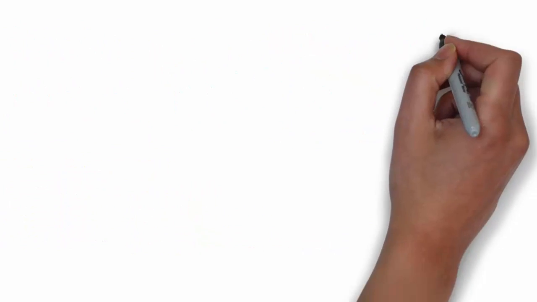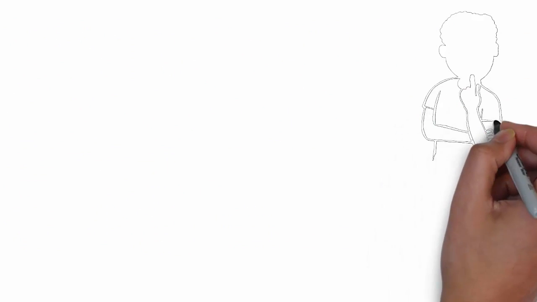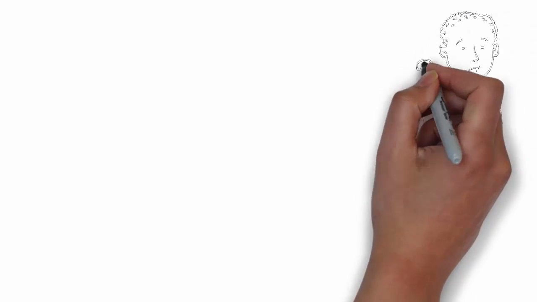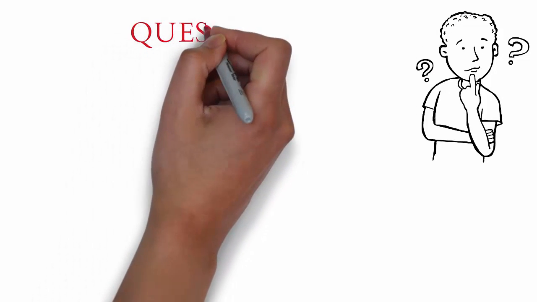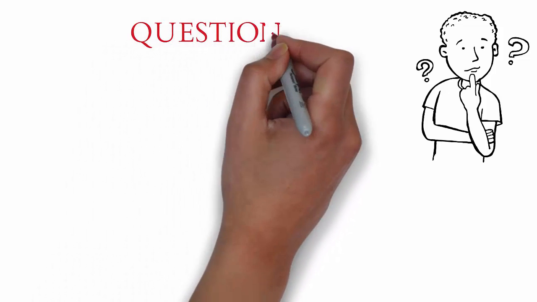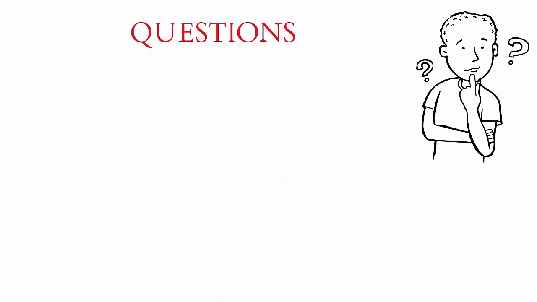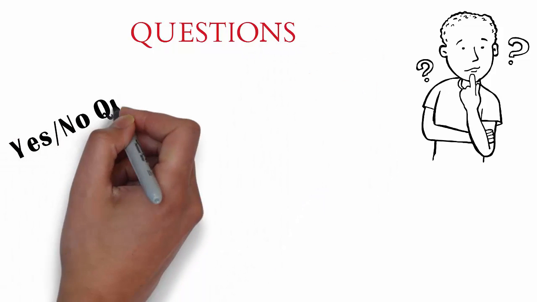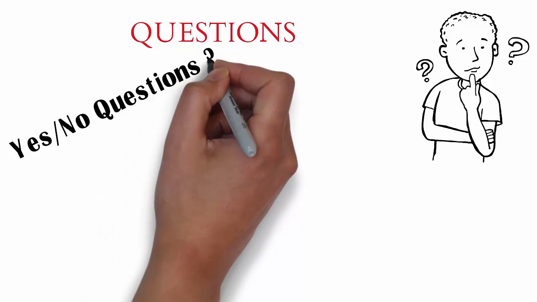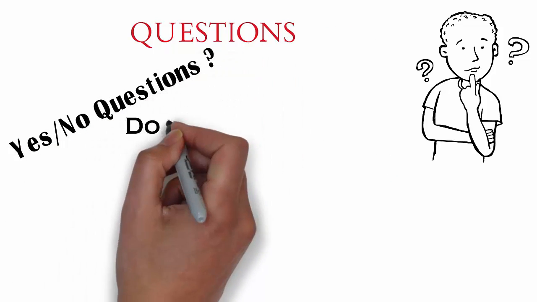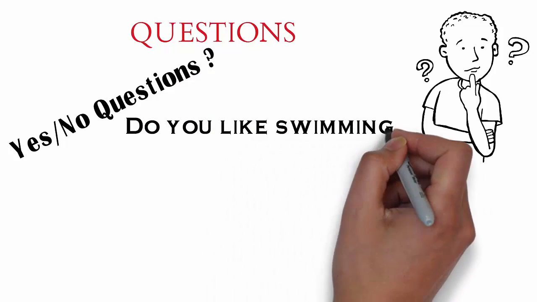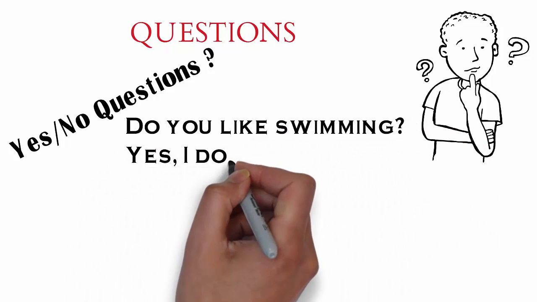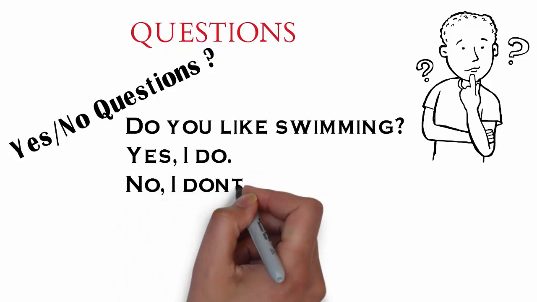What about questions? How can you ask a question in the present simple tense? First of all, you should know that we have two kinds of questions. Yes or no questions and double H questions. Okay? So, now we are talking about yes or no questions. For example, do you like swimming? And the answer is yes, I do, or no, I don't.